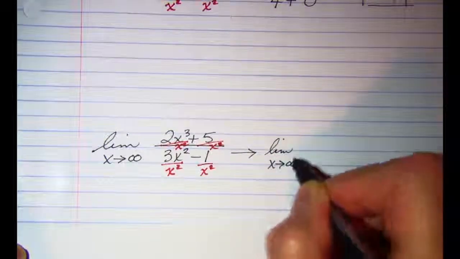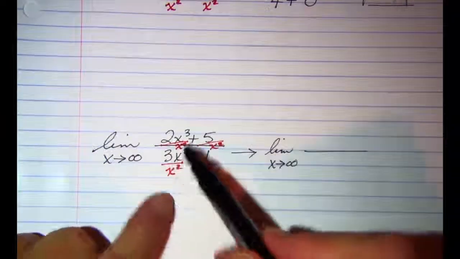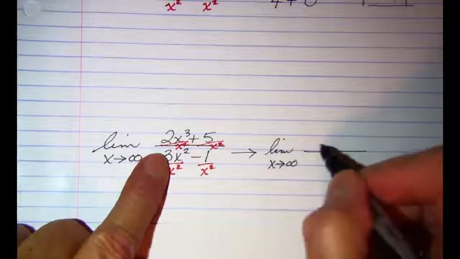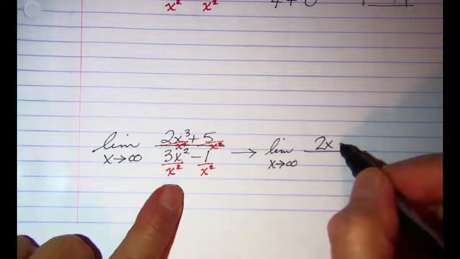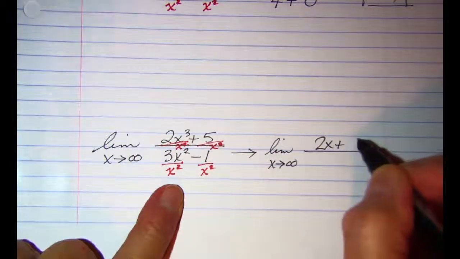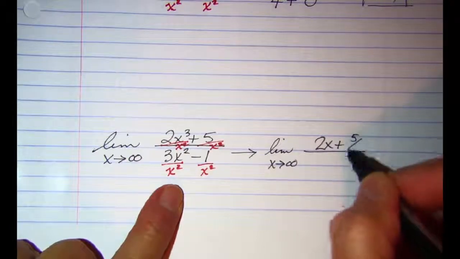So we're finding the limit as x approaches infinity of 2x plus 5 over x squared.